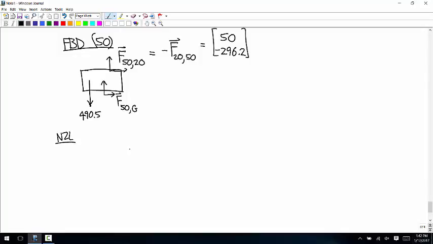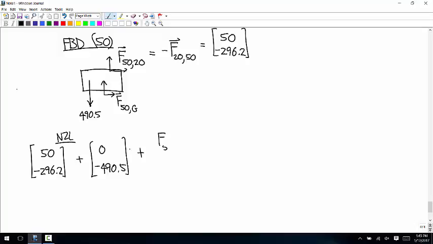So Newton's second law says 50, negative 296.2 plus 0, negative 490.5 plus the thing we're trying to find, F50G X and Y components, is equal to zeros.